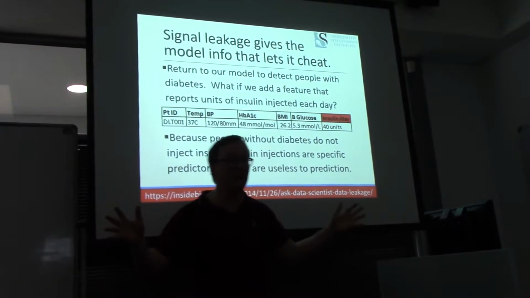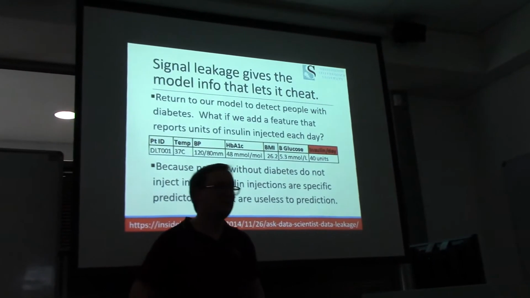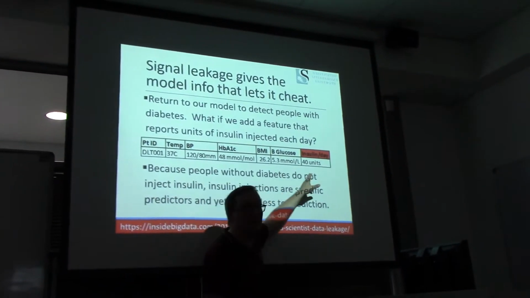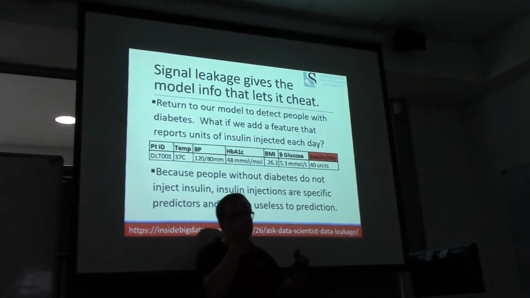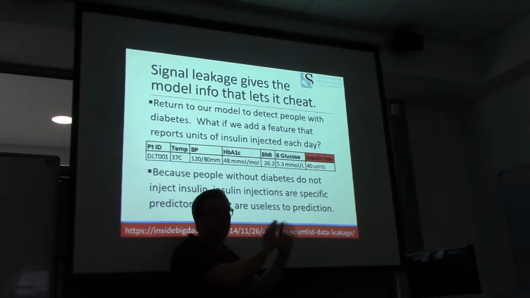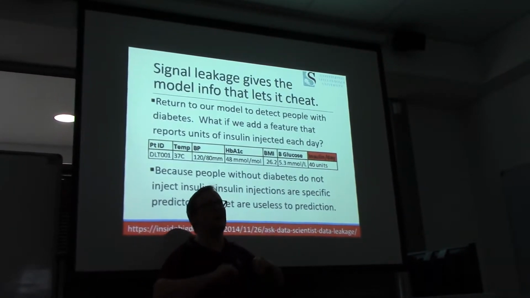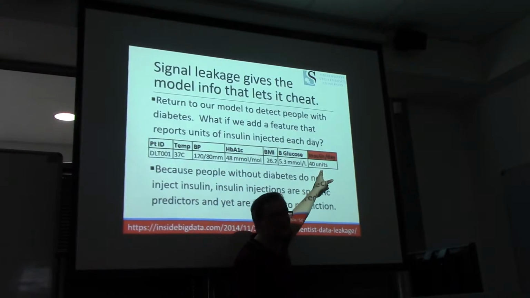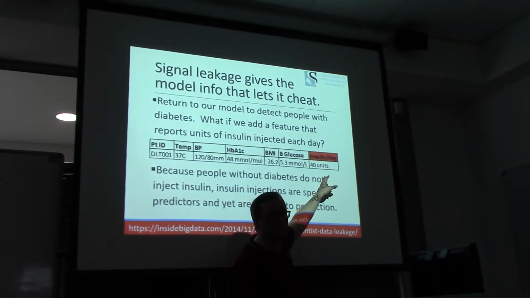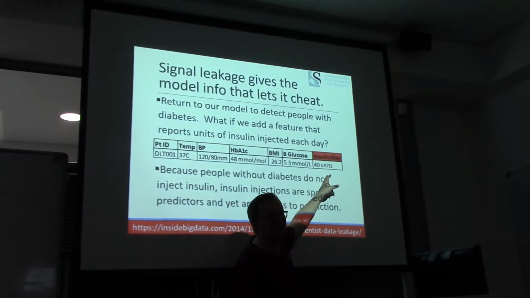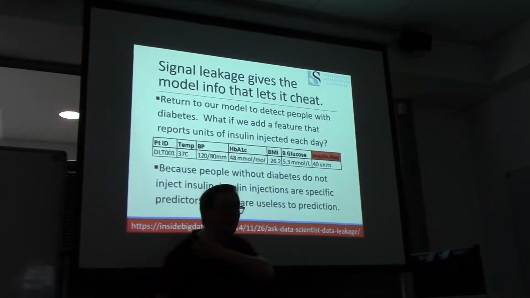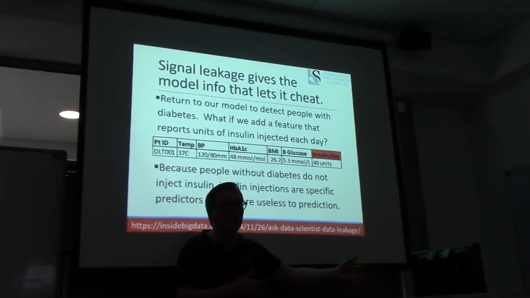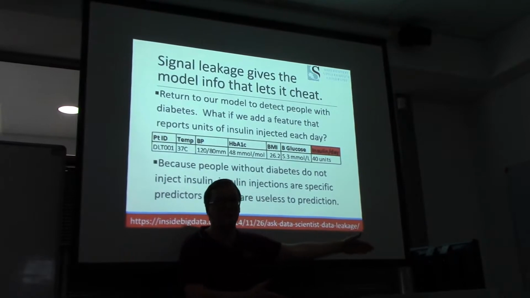At least I can't think of a scenario where somebody would be doing this. So this is an example of signal leakage, because this field is perfectly correlated. Anybody with a non-zero insulin per day measurement can be judged to have diabetes. So that is an example of the label not appearing here, and yet the signal is still leaking through because this is included.